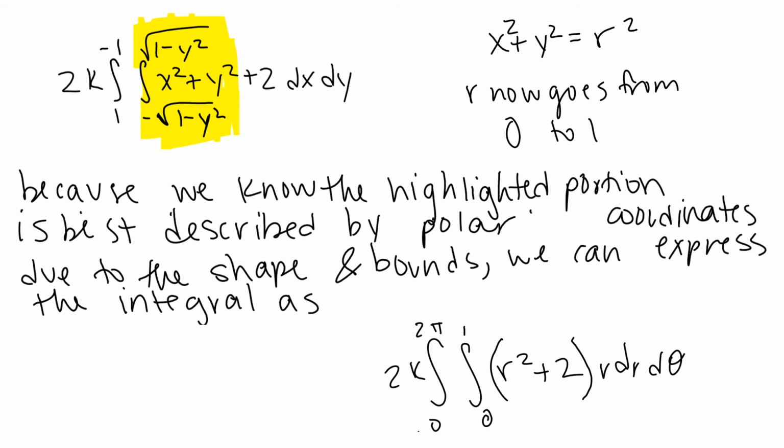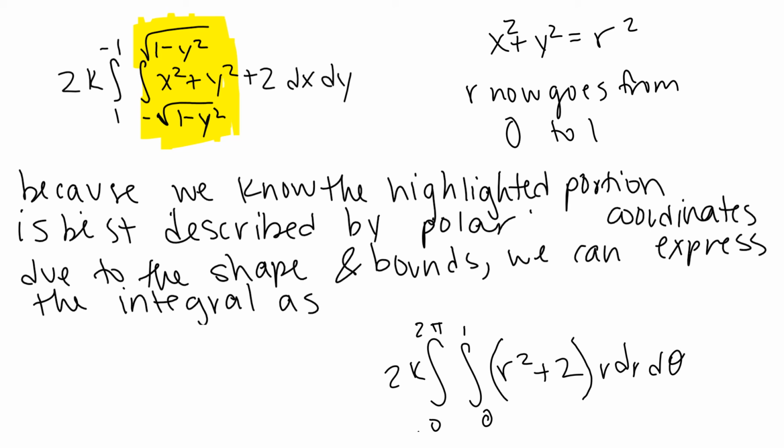So now we're really starting to solve our integral here. If you look at the highlighted part, that can be solved well using polar coordinates, because the conversion from Cartesian to polar is x squared plus y squared equals r squared.